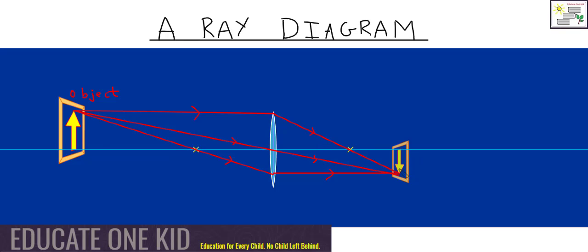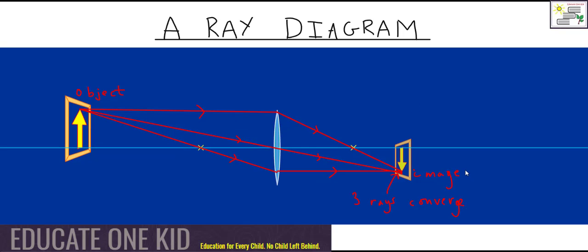And what you can see is that all three of these rays converge to this point here. And so this is where the image of the top of the arrow would form.